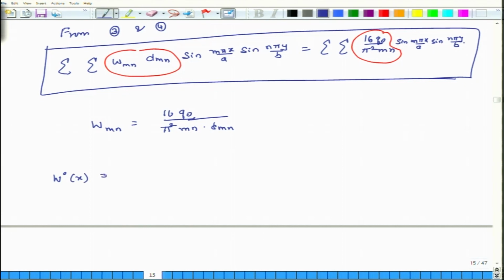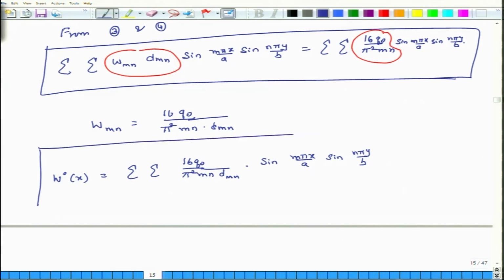So, the solution for W, now we have seen that this assumed solution satisfies all the boundary conditions and the differential equation also. So, the solution for W is the double summation of 16 q naught over pi square m n d m n times sin m pi x over a sin n pi y over b.